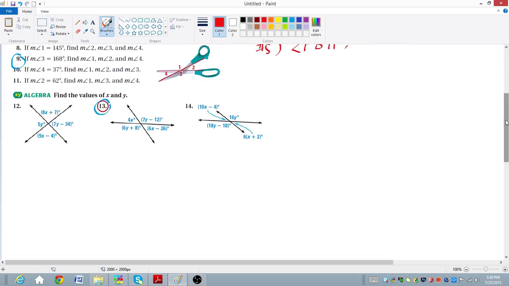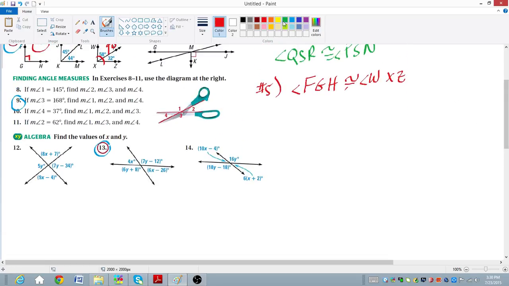Next, number 9. Use the diagram at the right to answer this. If measure of angle 3 equals 168, find the measure of angles 1, 2, and 4. This is 168, so that means angle 1 equals 168 degrees.